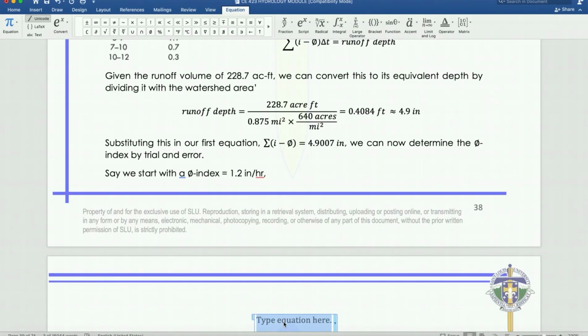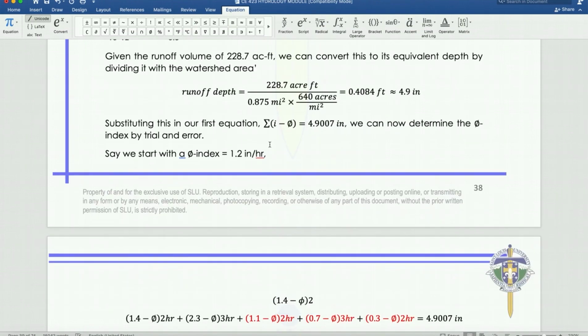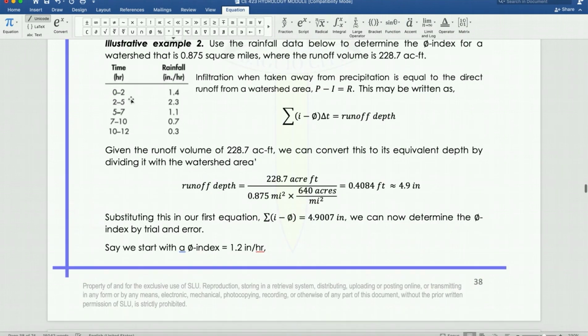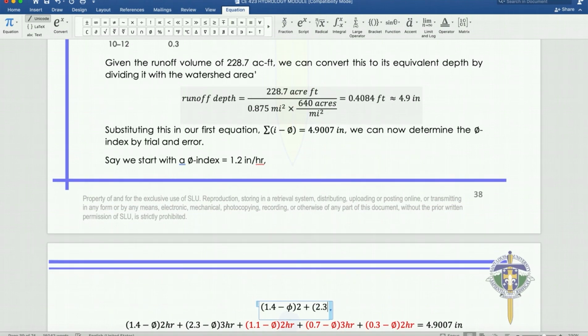Substituting it to our equation, we have 1.4 minus phi times our time of 2 hours, because that is from 0 to 2, that is 2 hours. Plus 2.3 minus phi times the time. What is the time?